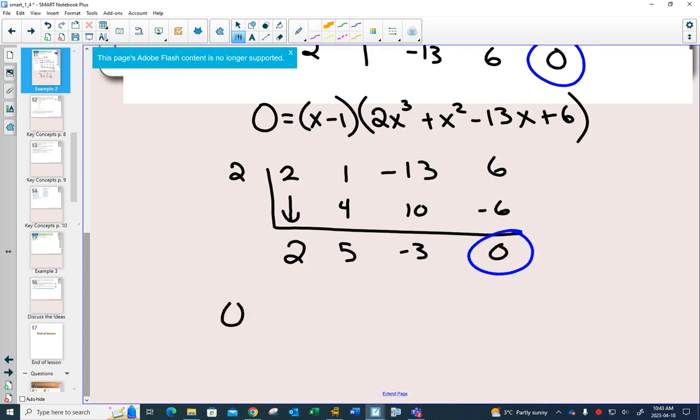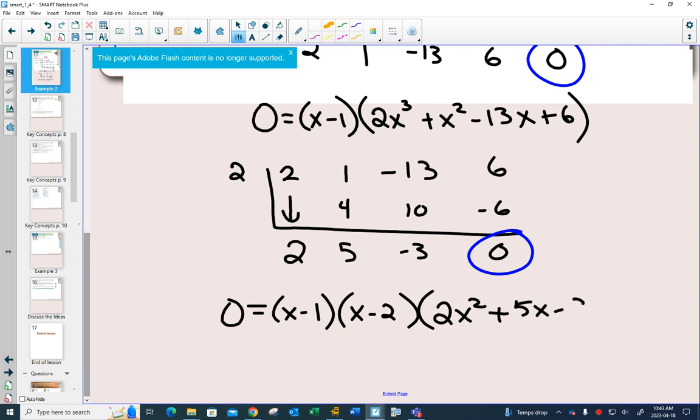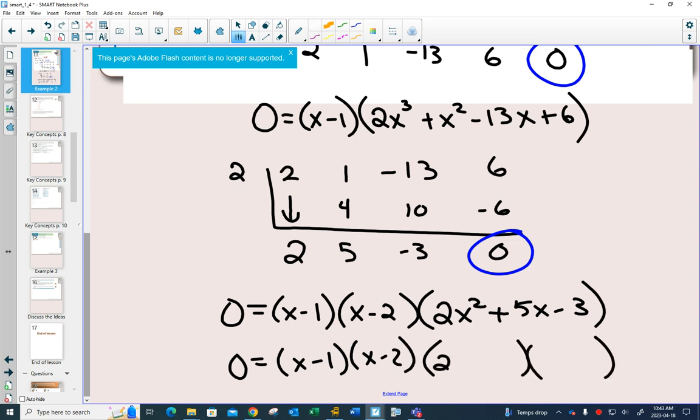So now I can rewrite this, but instead of writing the 2x cubed now, I found out that one of the factors is x minus 2, and I'm left with 2x squared plus 5x minus 3. Once you get to a parabola, then you can just factor directly.